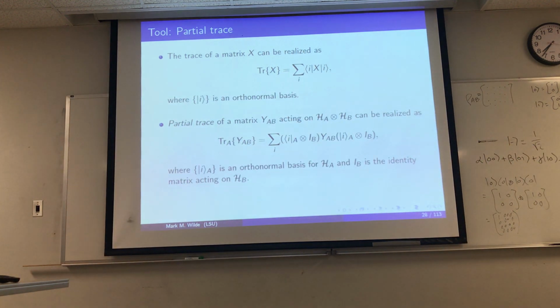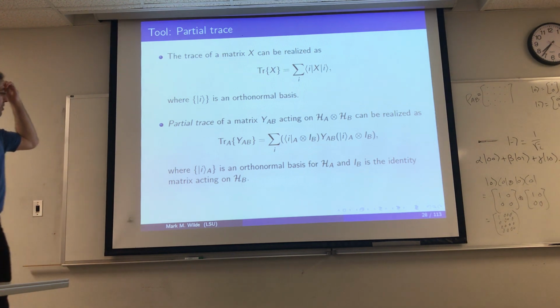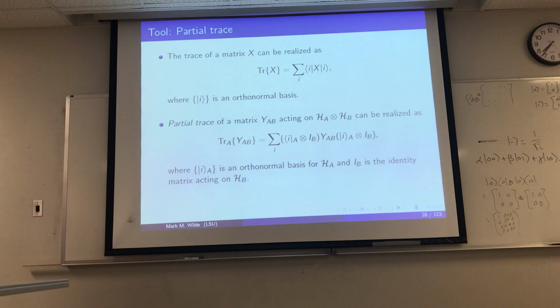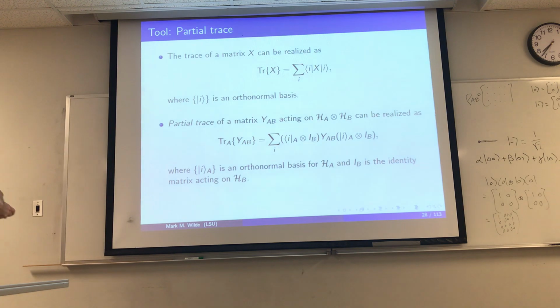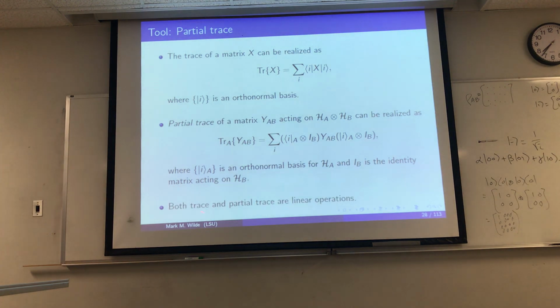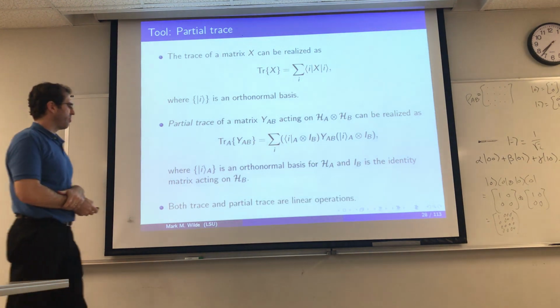Okay. So that's a really important operation because if we have a global density operator, we might be interested in how you describe only Alice's state, right? The state of Alice's system if Bob is simply not available. And it's a linear operation, which is of course very nice.